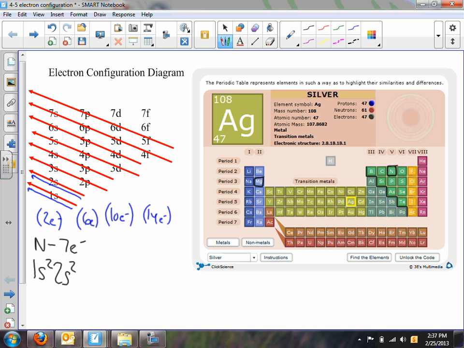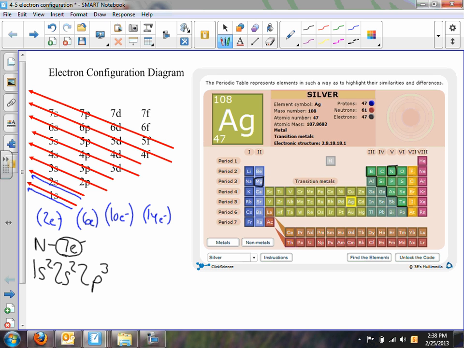It's now full. Go to the next one, the 2p. It can hold 6 of them. But if I put 6 there, I've got 10, and I'm only supposed to have 7 electrons. So even though it can hold 6, there's only 3 in that 2p orbital. So the electron configuration of nitrogen is 1s2, 2s2, 2p3, a total of 7 electrons.